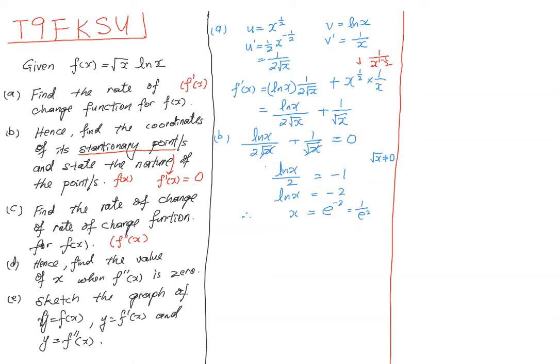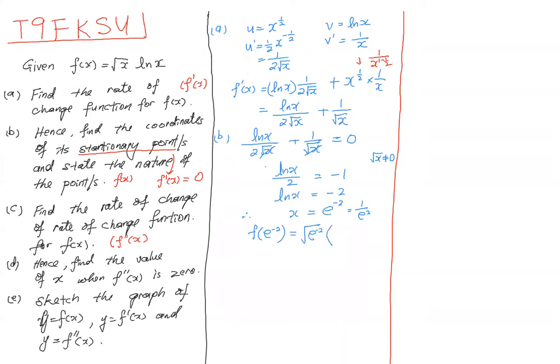So you can get the approximate value when you want to find the nature of the stationary point. After you get your x, because I want coordinates, you are supposed to get the y coordinate. So I put into my f(x), f of e to the power negative 2. So your x is e to the power negative 2.